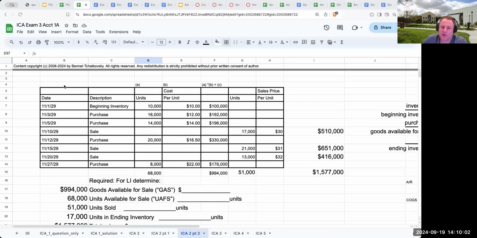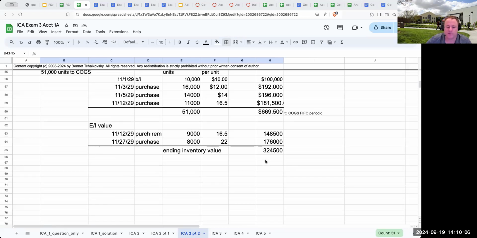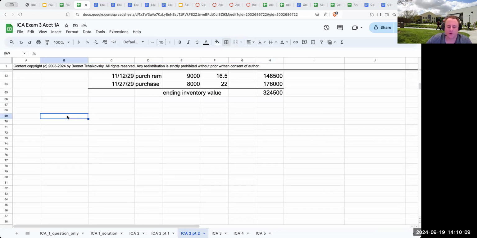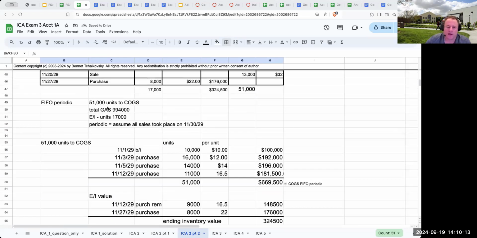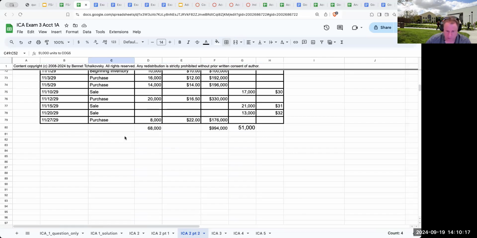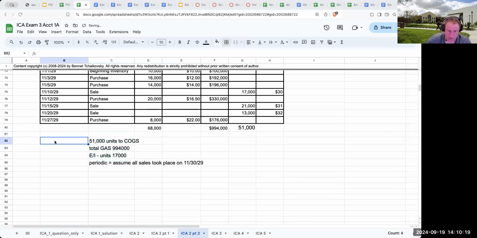Let's take a look at LIFO periodic, and we'll go through and do the same thing. So coming over here for LIFO periodic, we have basically the same assumptions: 51,000 units to cost of goods sold.